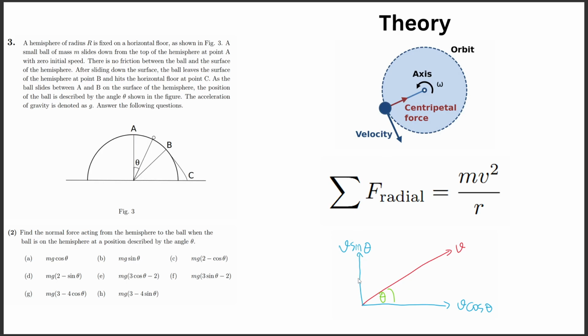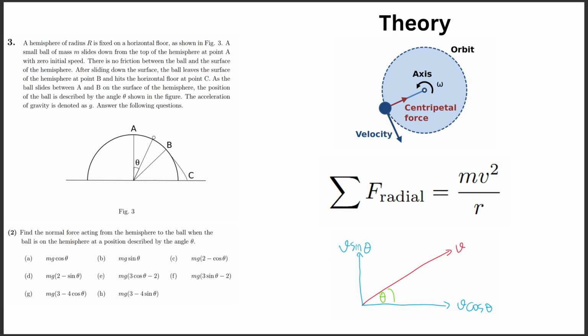The other thing that you have to know is that when there is a vector, we can see it as the vertical component and the horizontal component. So when there is a theta here, the component that is adjacent to theta is F cosine theta, and the opposite of theta is F sine theta.